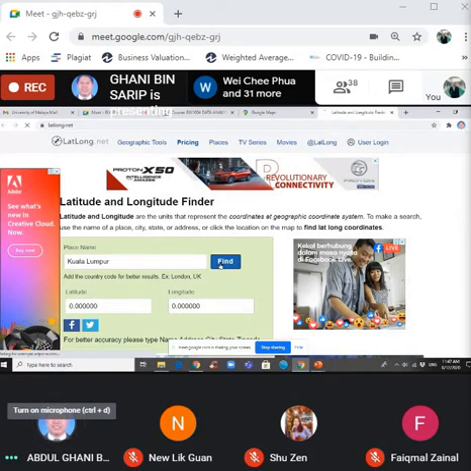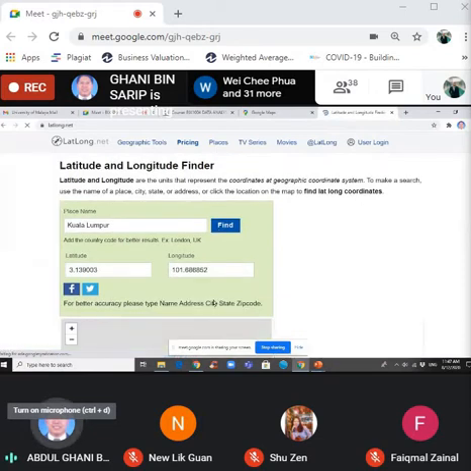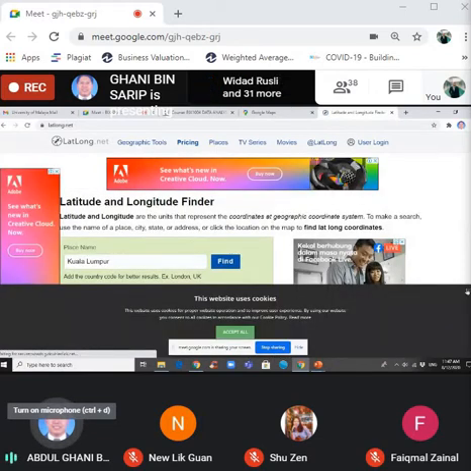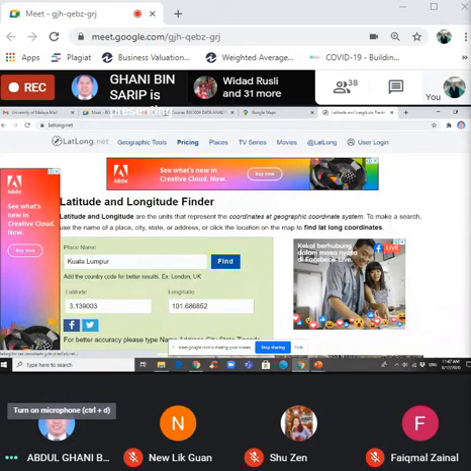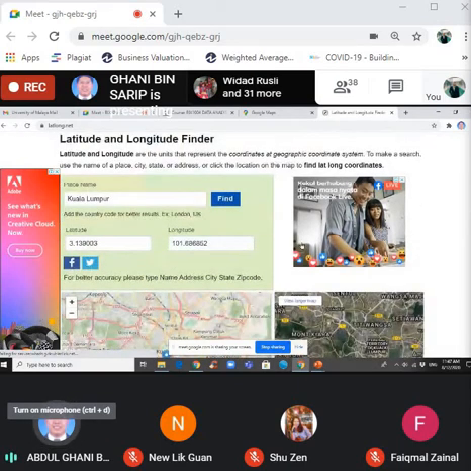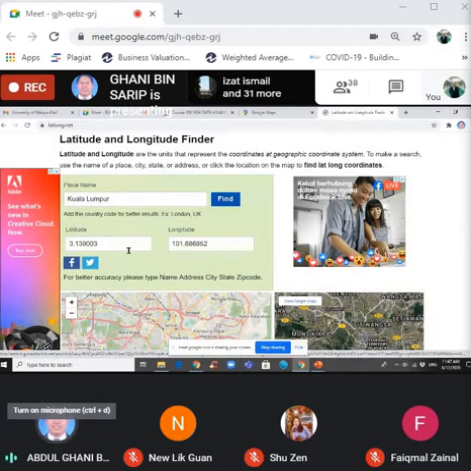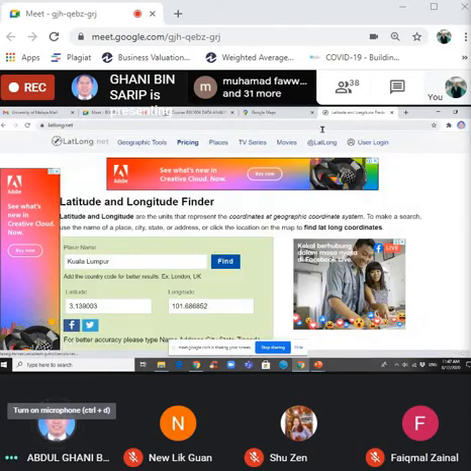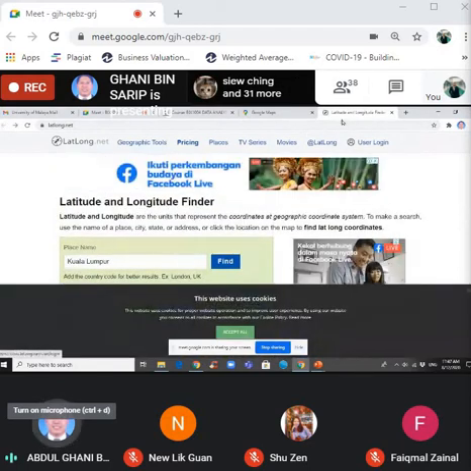You find it, and it will simply give you the XY position, which is 3.1 degrees north or south, whatever, and 101.68 degrees of longitude. So this is a way of telling where Kuala Lumpur is.